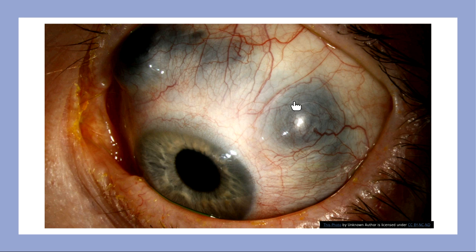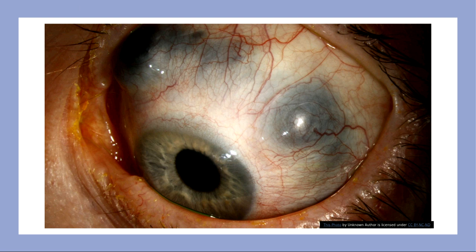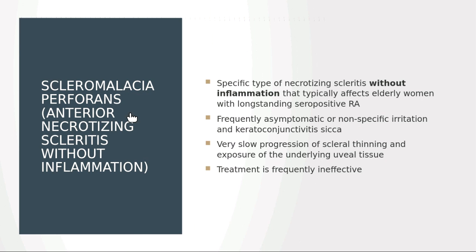It's probably the precursor to necrosis, maybe. Well, no, there's necrosis going on, but there's no obvious inflammation. So it's what we call a necrotizing scleritis, but without inflammation. In this type, it's called scleromalacia perforans.